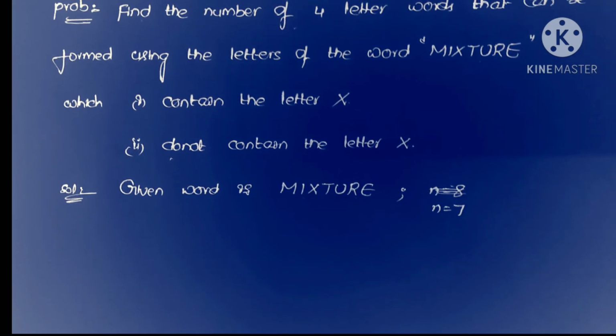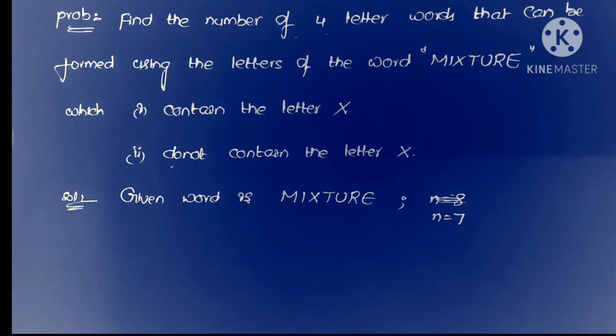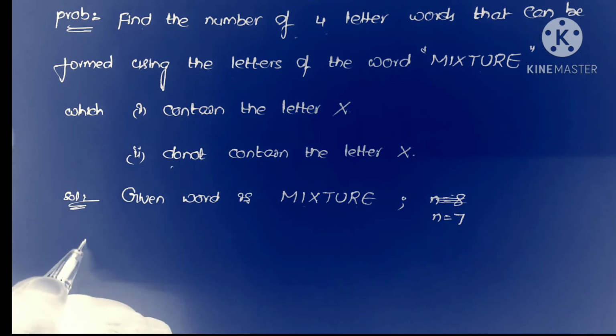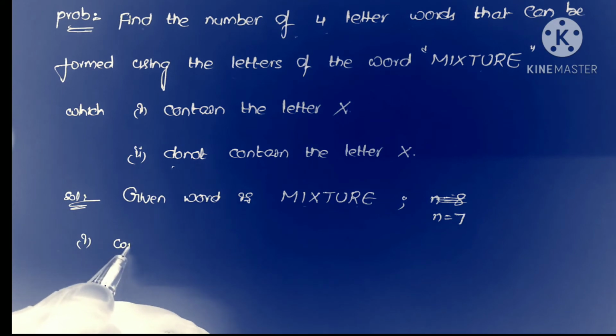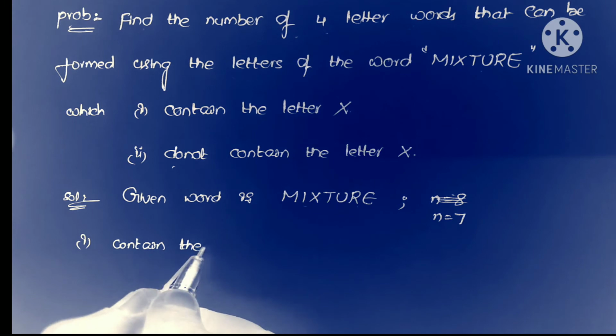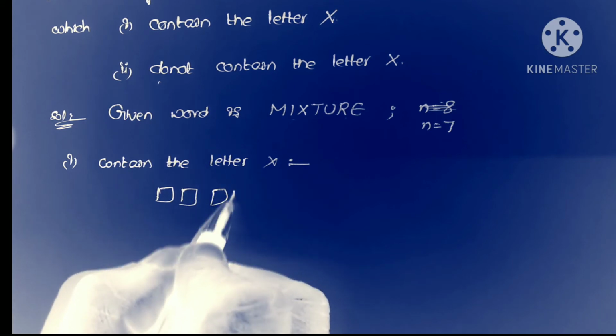Now what's the given question? Find the number of 4-letter words. Condition is which contains the letter X. So first one, contain the letter X. We are forming the words which contain the letter X. So first I take 4 gaps here: 1, 2, 3, 4.